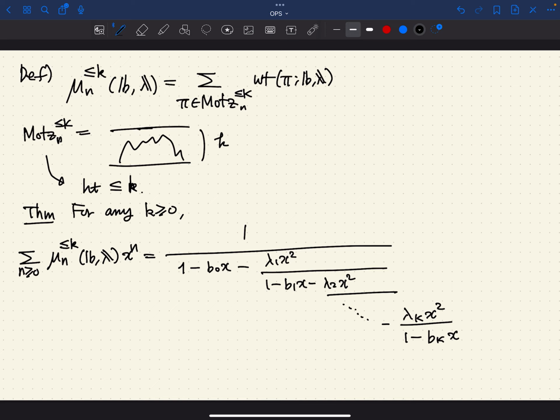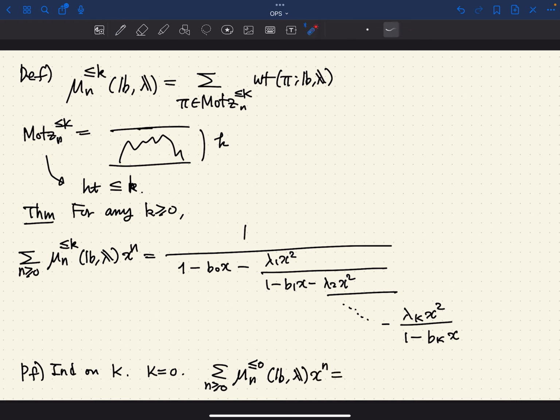How can we prove this? The proof is induction on k. So k equals 0. What happens? What is the left-hand side? The height is 0, so there is only one Motzkin path for every length n.